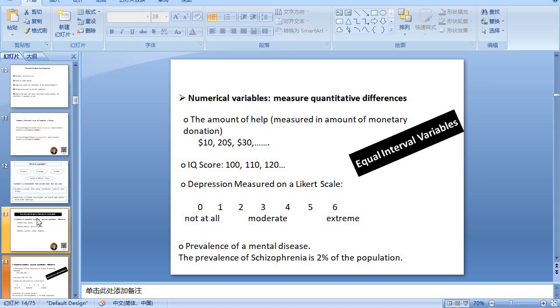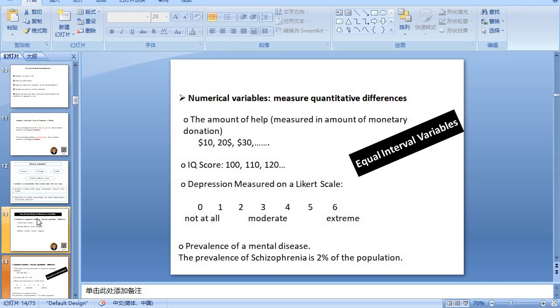Another way to measure variables is numerical variables. Numerical means numbers. These are numerical differences. These are quantitative differences. You can talk about more or less in terms of how much on this particular characteristic. For example, generosity, how much money you are going to donate to a charitable fund.